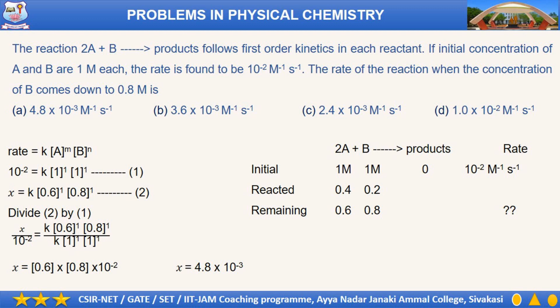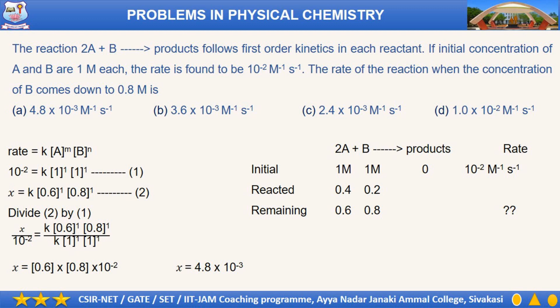Now, what is the rate of the reaction? X is R. For the same reaction, the rate constant is constant. The concentration of A is 0.6 power 1, B is 0.8 power 1. Now you have to calculate what is X. Using equation number 2, put the unknown in the numerator over 10 power minus 2.